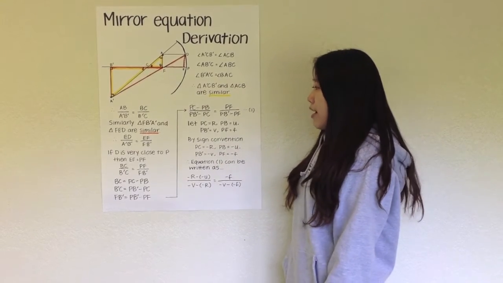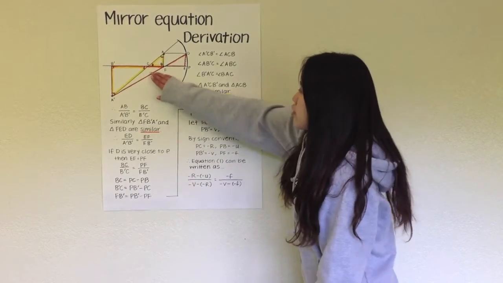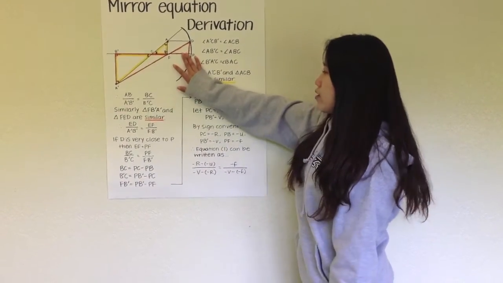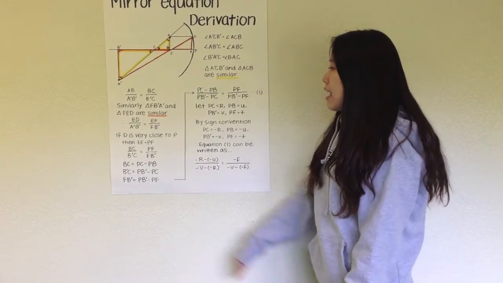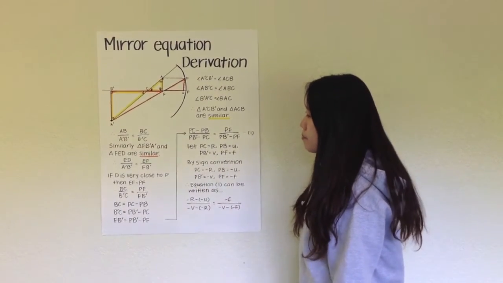Similarly, triangles FB prime A prime and FED are similar, as you can see in the orange grid line. According to that, ED over A prime B prime and EF over FB prime are the same.